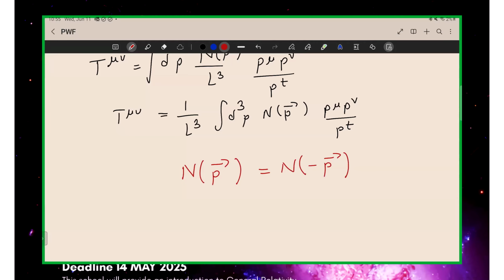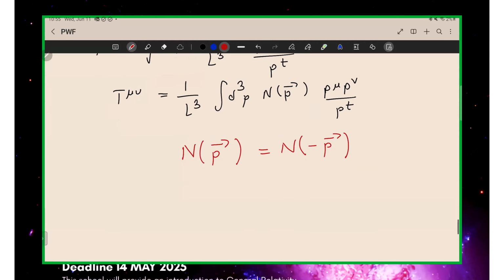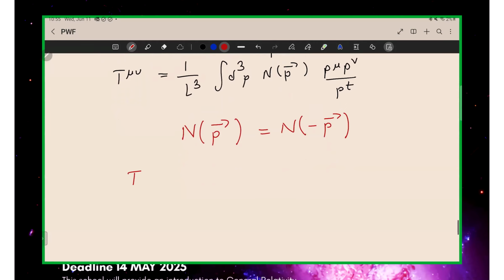Now, let me show you first, because there was a question earlier: how do we know that the stress tensor is diagonal? Let me prove that it has to be diagonal. First of all, let's write down T^{0x}, for example T^{01}, which is 1 over L cubed times the integral with P^0 in the numerator and denominator.